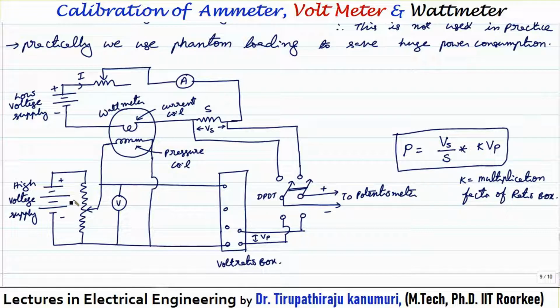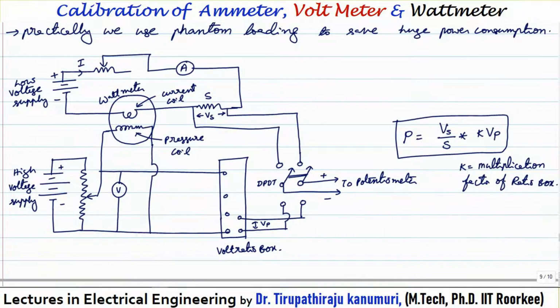Coming to the potential coil, it is supplied through the high voltage source. Practically the resistance of the pressure coil or potential coil is very high, so the power consumed by it is very less. That's why the overall power consumed in the phantom loading method will be minimum, and that's why only this is used in practice.